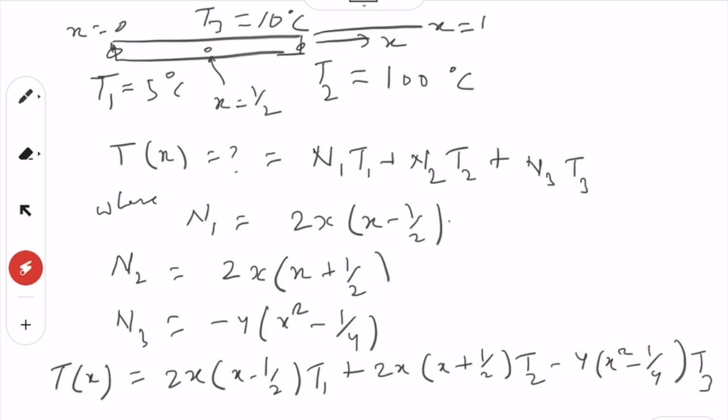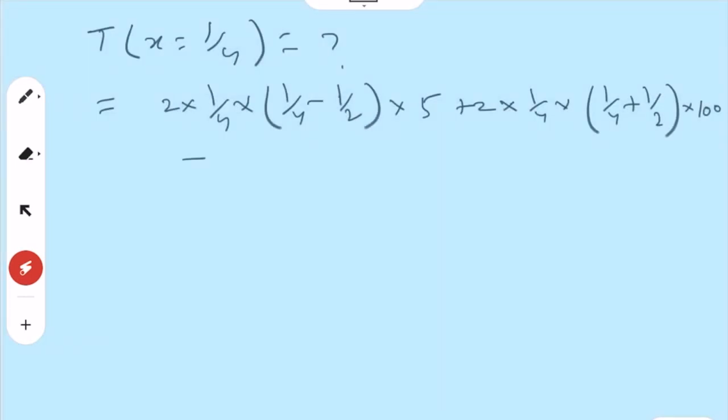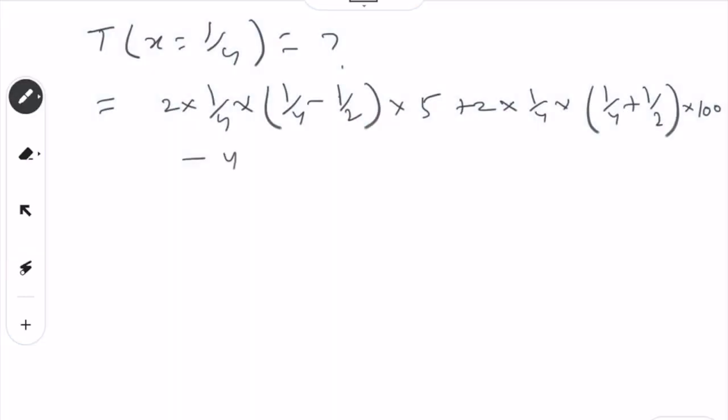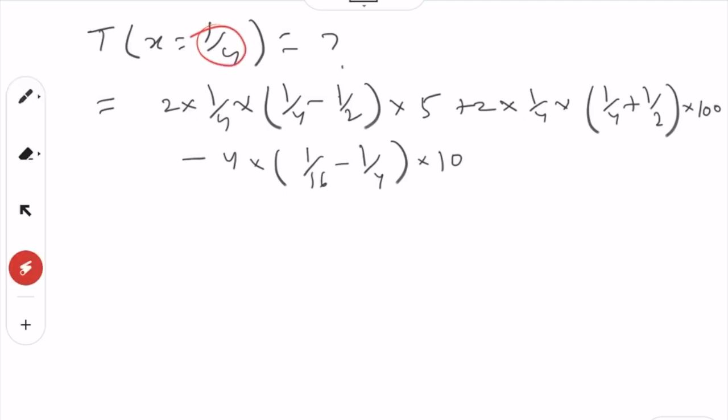So minus 4 times 1/16 minus 1/4, into 10. This is what the value of T will be at x equal to 1/4, right?